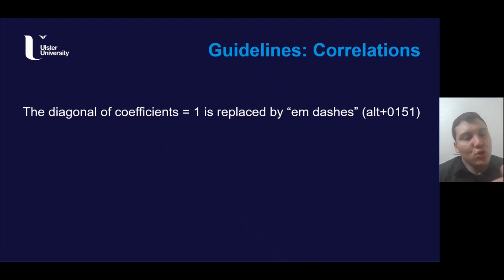In APA style, you don't keep the diagonal with the ones, but you also don't just get rid of the diagonal. You show to your reader where the diagonal is, but you replace the ones by M dashes. M dashes are the long dashes that we usually use as some sort of parentheses in text where we want to break the sentence and introduce parenthetical information.